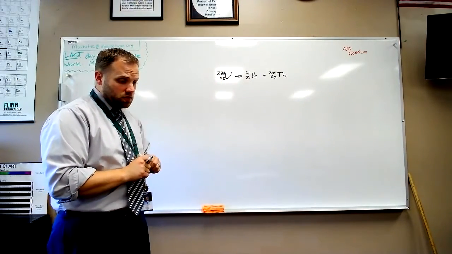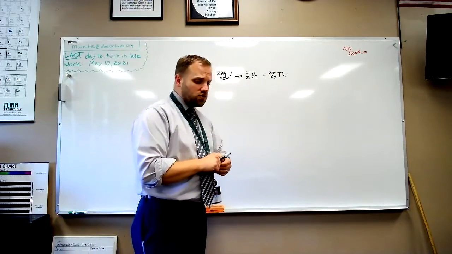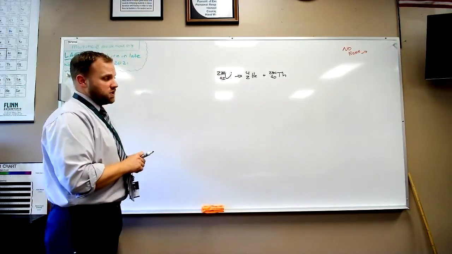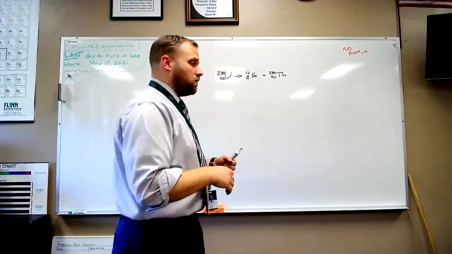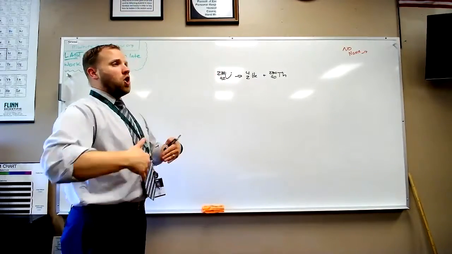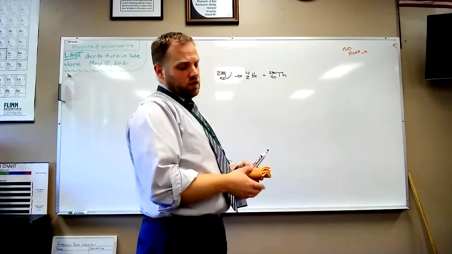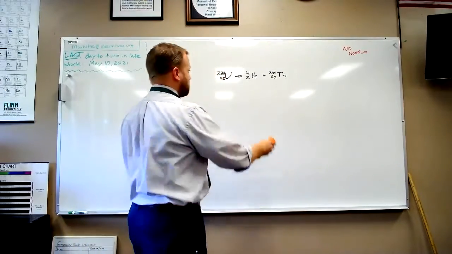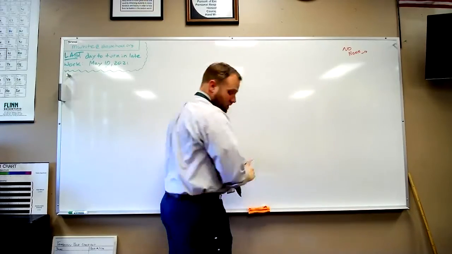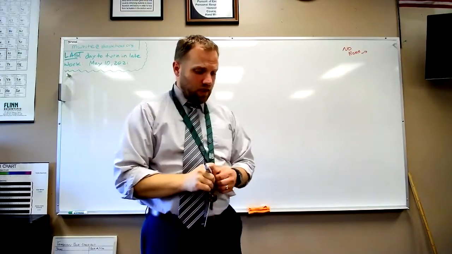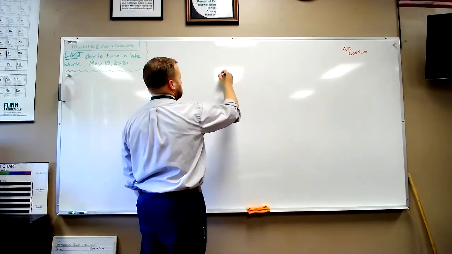Now, we also can do something called induced transmutation. Induced transmutation, which means we as humans have caused it to happen. Now, the example that it gives here in the chapter says we're going to take nitrogen, just good old nitrogen 14.